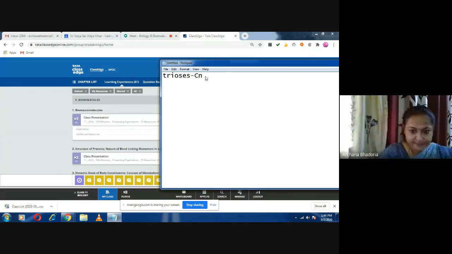Cn and H2O, and this is the general formula. Now if you place 3 for the number of carbon atoms, what will be the formula? Who will tell me quickly? Trioses will have what formula? Ritu will tell me quickly.